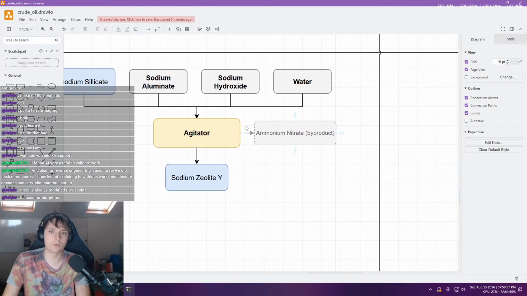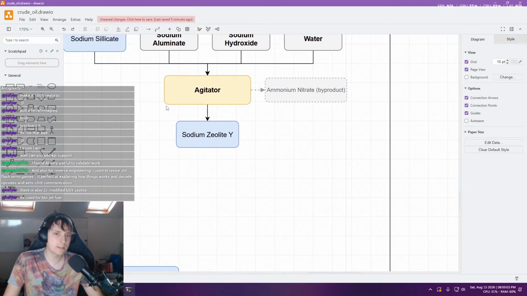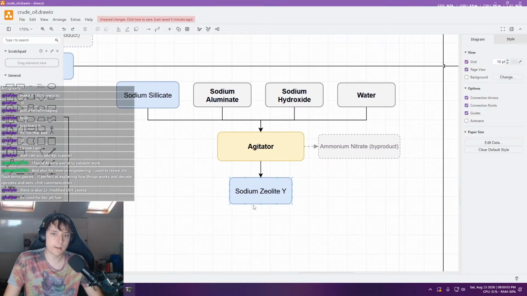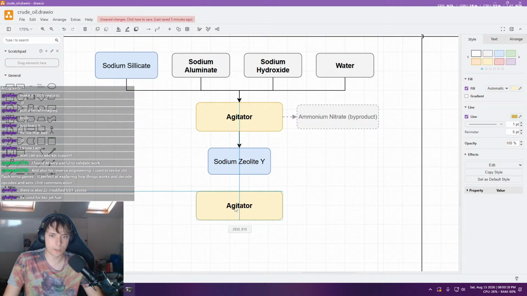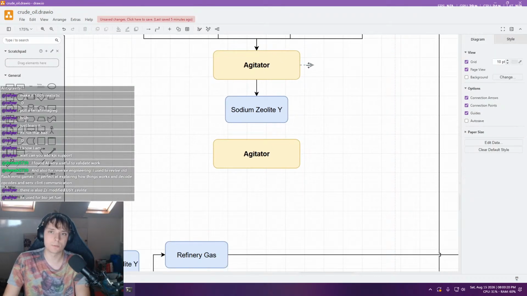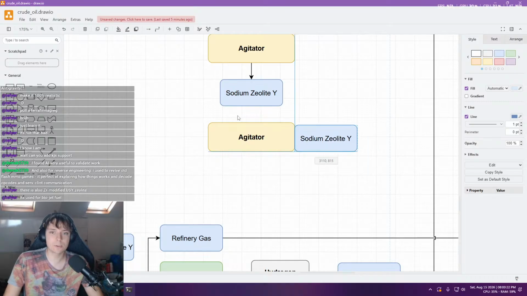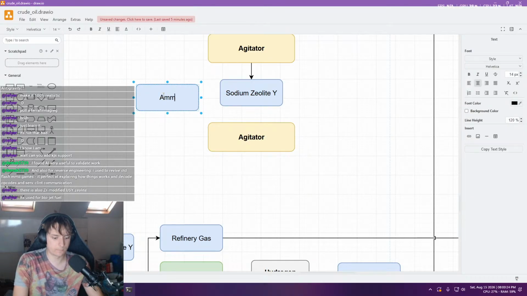Wait, no, one second, I'm getting confused. This is in the wrong one. So that gives us the sodium zeolite Y. That's correct. But then that needs to go back in the agitator, with ammonium nitrate.